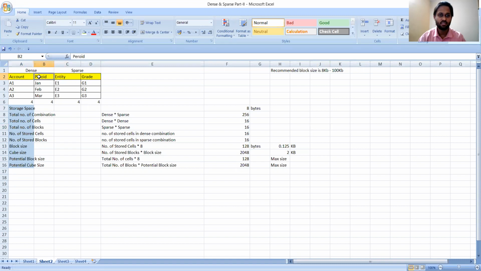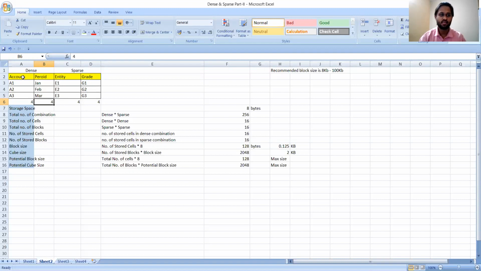Account and period are placed under dense, and entity and grade are placed under sparse. The number of cells in the account dimension is 4, in period also 4, and in entity and grade also 4 each. So 4 cells in each dimension.